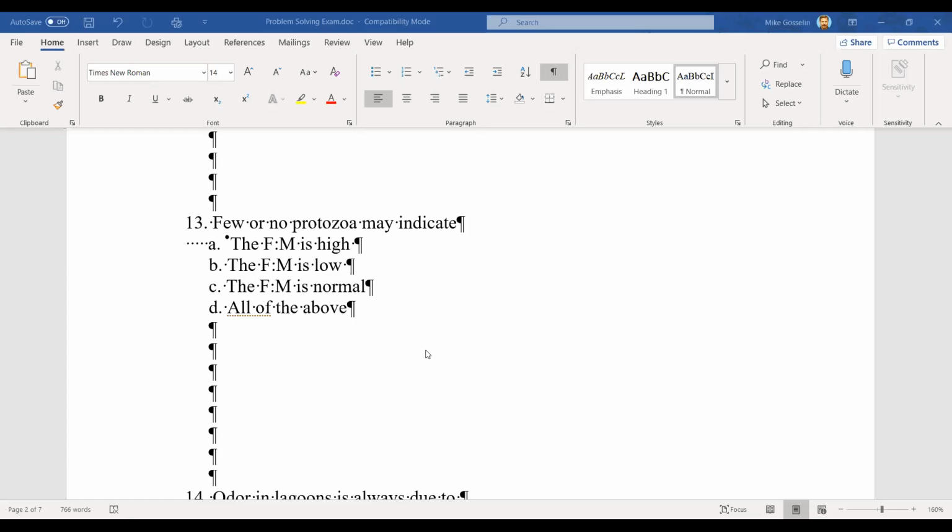But if you don't have too many, is the F/M high or low or normal? You don't really know. In this type of question, it doesn't give you much information. So it's hard to say. You don't want to make assumptions. You can only base your answer on the information that's provided.